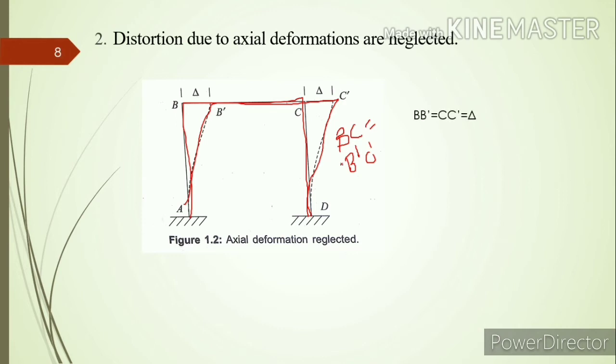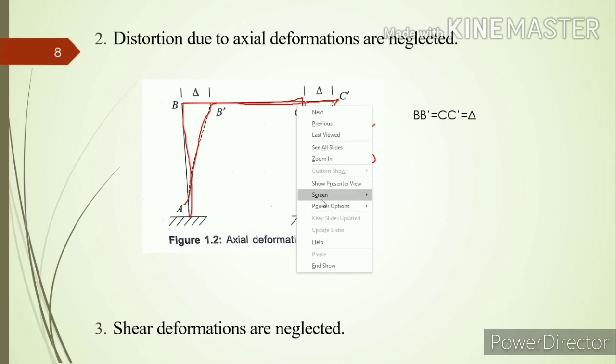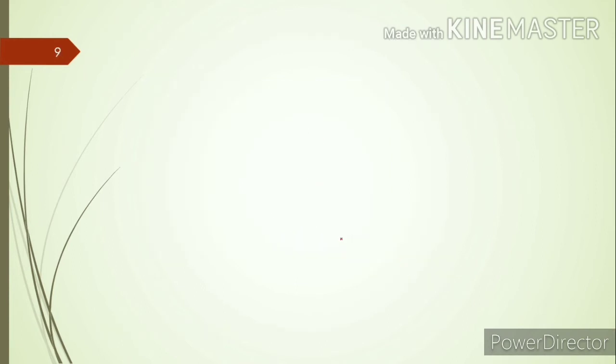That is, BB' is equal to CC' is equal to delta, because the axial deformation is small and can be neglected. The third assumption is that shear deformations are also neglected. These are the main three assumptions used in the slope deflection method.